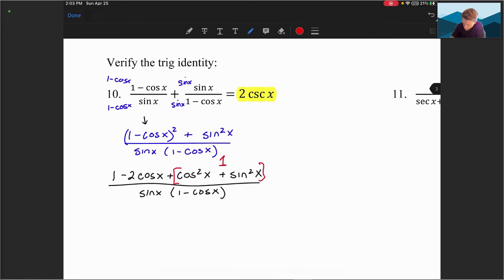We'll have 1 plus 1. These will be 2, and then we'll have minus 2 cosine x divided by the sine x and the 1 minus cosine x.